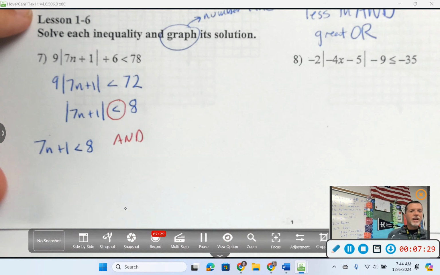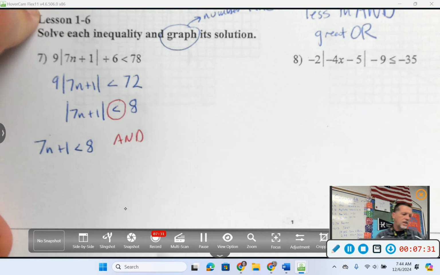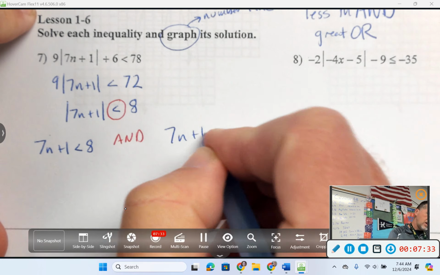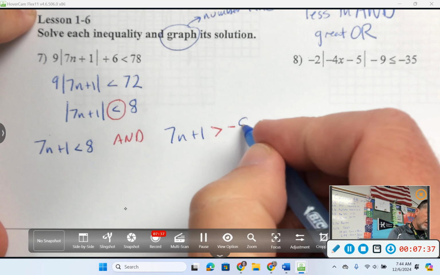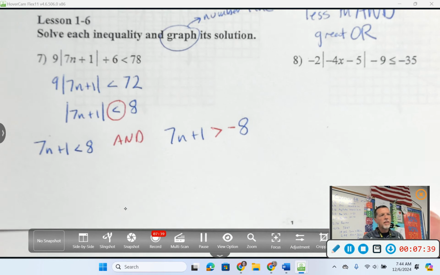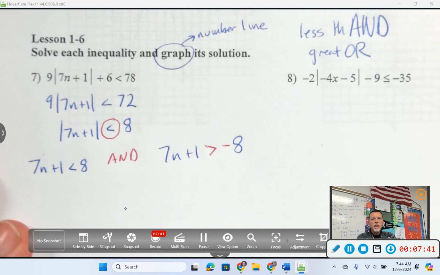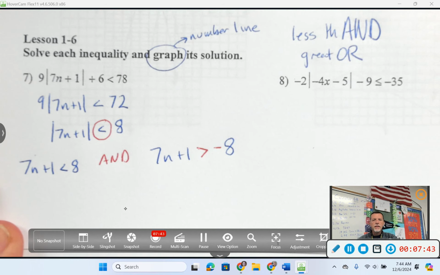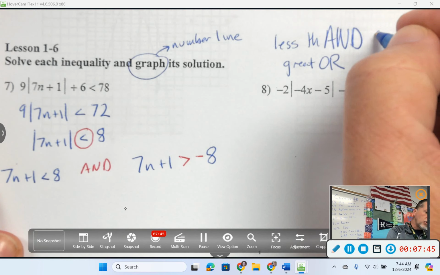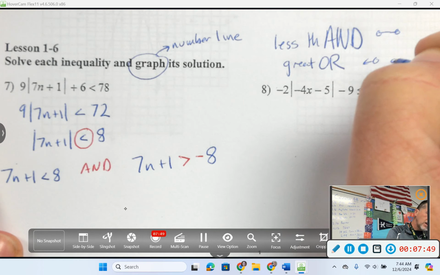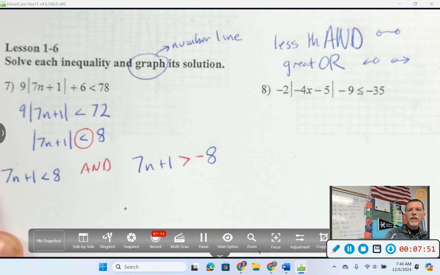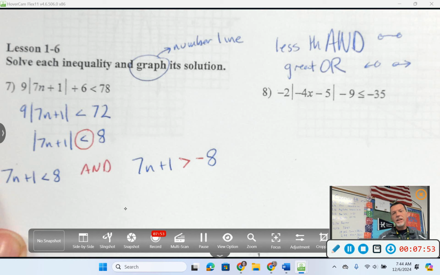Okay, well, you do less than on the first one. Greater than negative 8. And is usually the inside, and or is usually the outside. And is the overlap, or is sort of either or.